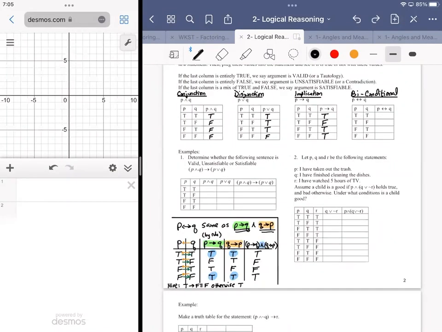The biconditional outcomes are TFFT, which we can now take as a rule, but it's satisfiable in the sense that it's not always true. It's only true if both parts are true or both parts are false.